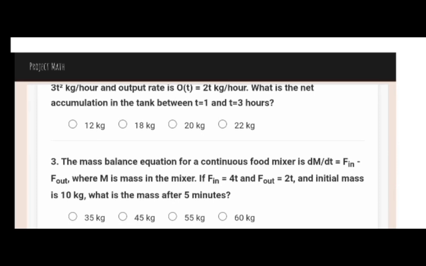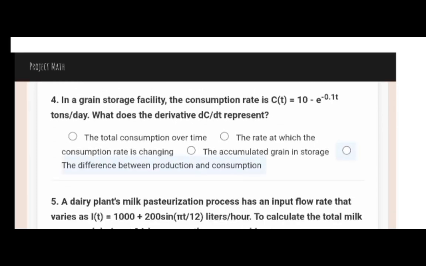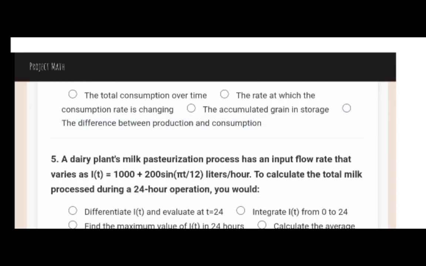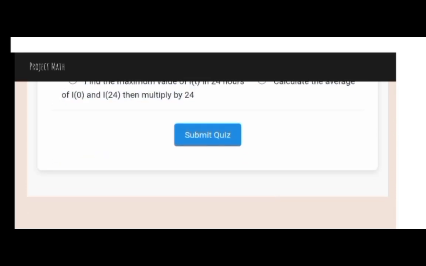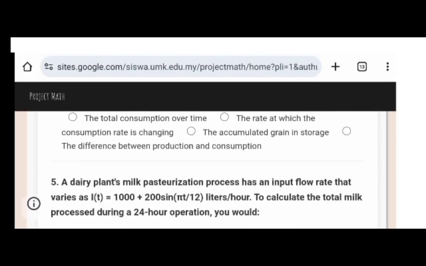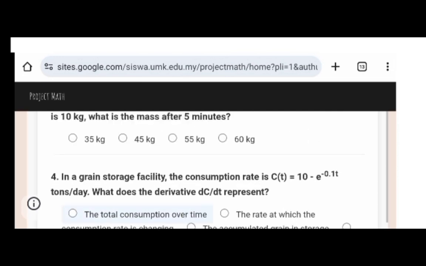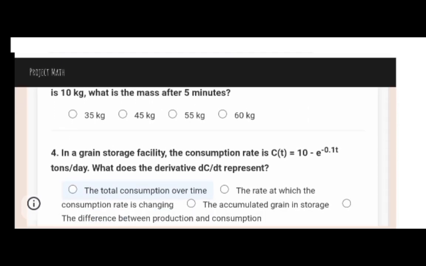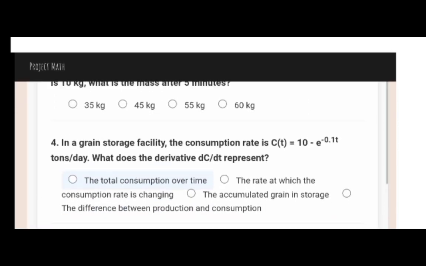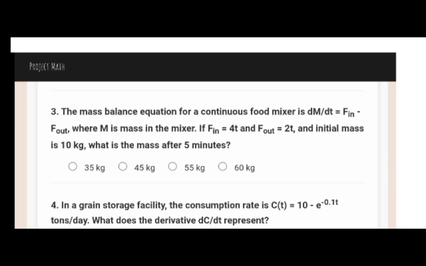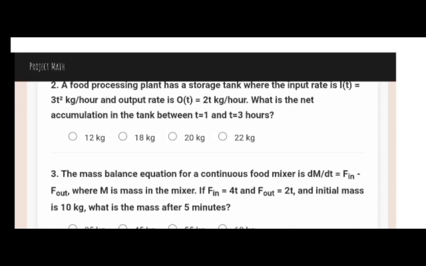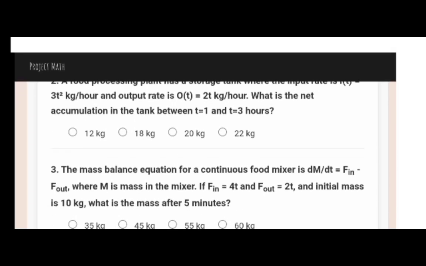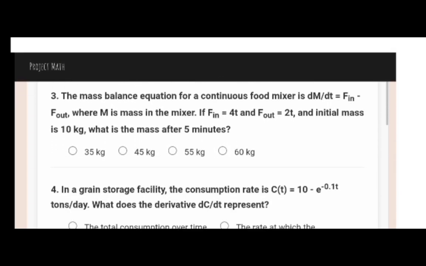First, calculus helps in the quiz with rate of change questions using derivatives. Next, we can reinforce dynamic thinking using this quiz, because food processing is not static: flow rates, reactions, and losses change over time.